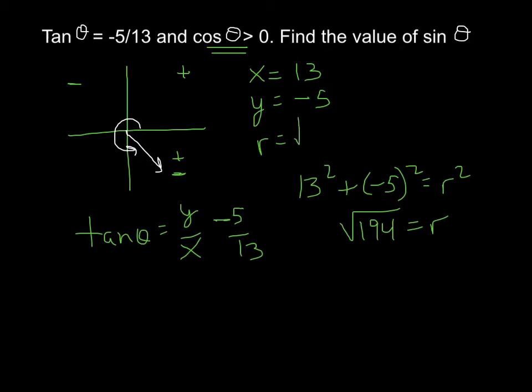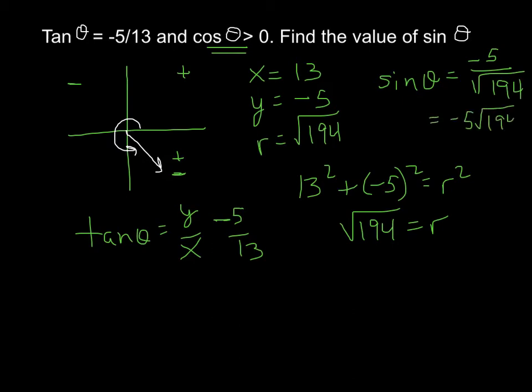So our r is just the square root of 194, which means sine of theta is y, which is negative 5, over the square root of 194, which would be negative 5 square root of 194 divided by 194. And that is our sine of theta.